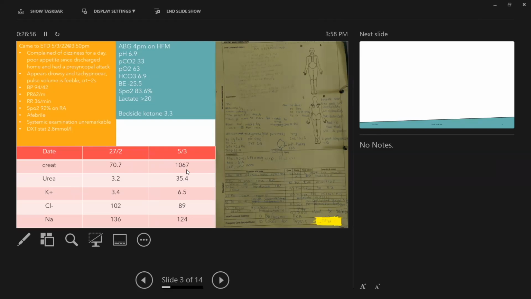Now the creatinine is 1,000, urea 35 from 3.2. She has hyperkalemia, 3.4 to 6.5. If you look at this, obviously it's a high anion gap metabolic acidosis, and everyone will attribute it to lactic acidosis.